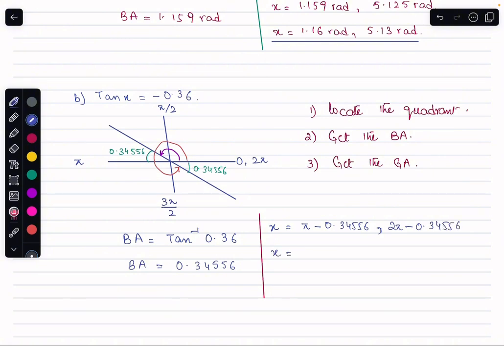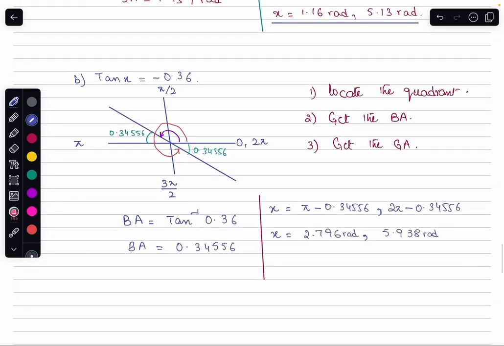Solving for x, I should have pi minus 0.34556, which gives me 2.796 radian. And also in the fourth quadrant, it's 2 pi minus 0.34556, which gives me 5.938 radian.